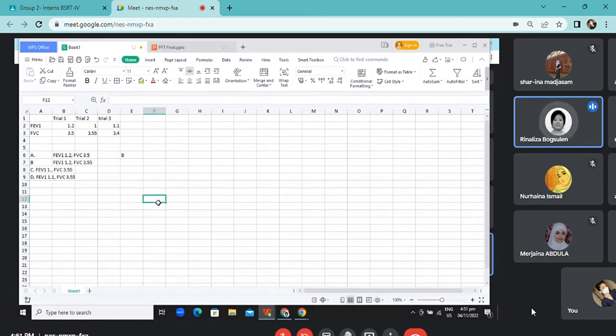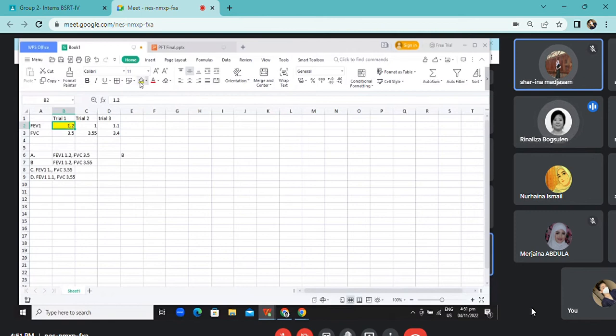Sabi ko, ulitin ko yung sinabi ko kanina. The best test should have the highest FEV1 and the highest FVC, even if they come from two different trials. Nakuha? So in short, the correct answer is letter B. Bakit letter B? Ano ang highest dito sa FEV1 mo? Diba ito? This is your highest, right?